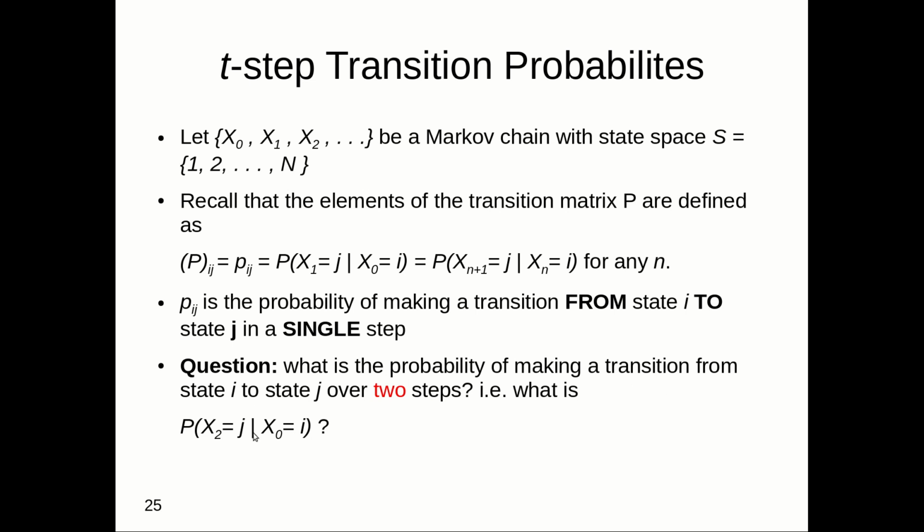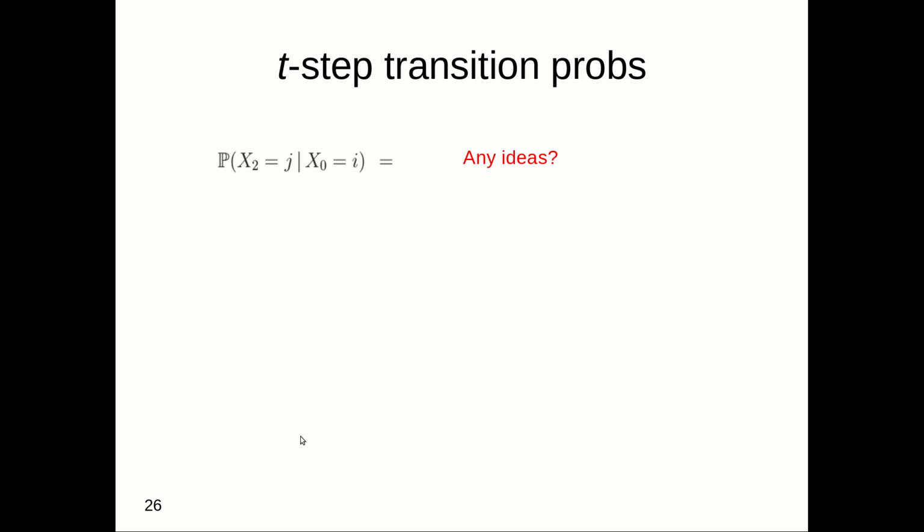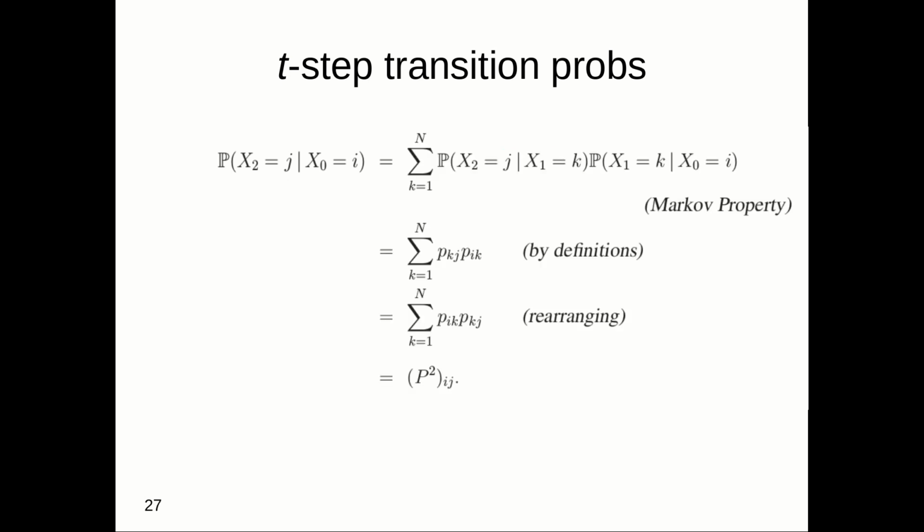So what's the probability of being in state j at time 2 if we were in state i at time 0? So how do we go about that? Do you have any ideas about t-step transition probabilities, how we would do that?